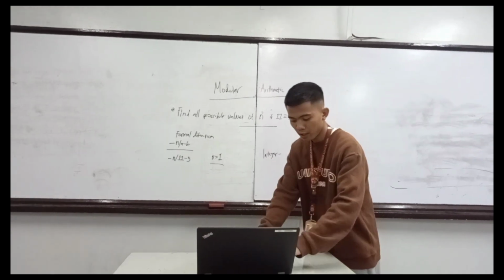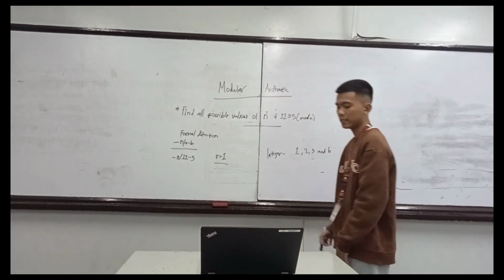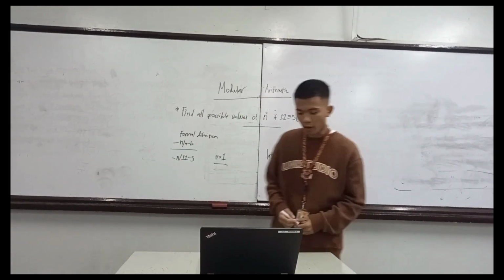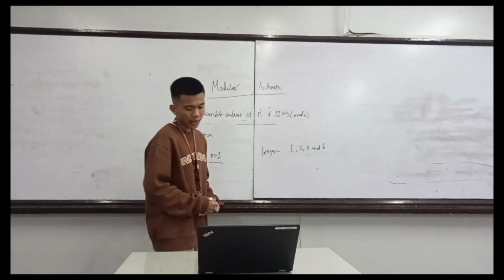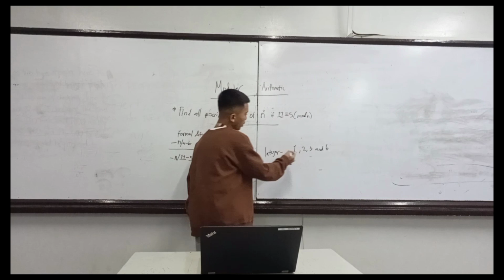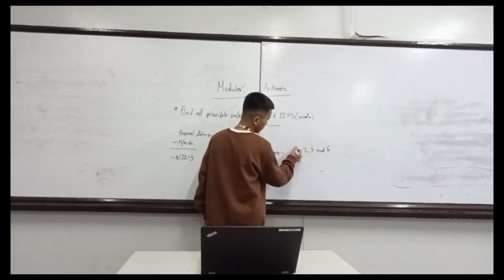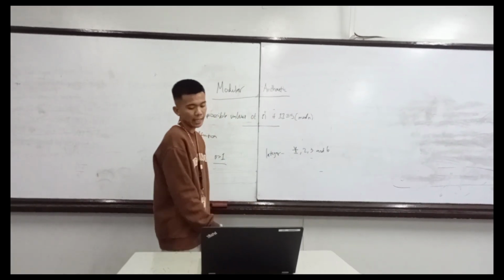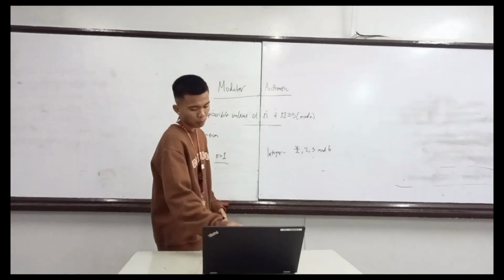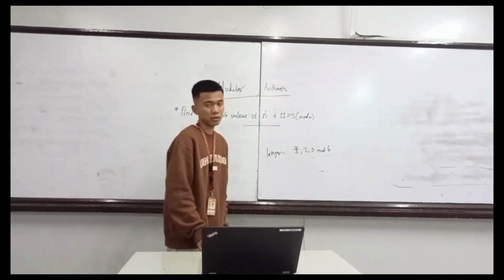We have 1, 2, 3, and 6. Since we're not going to count 1, we have 2, 3, and 6. And these are going to be the possible values of n.